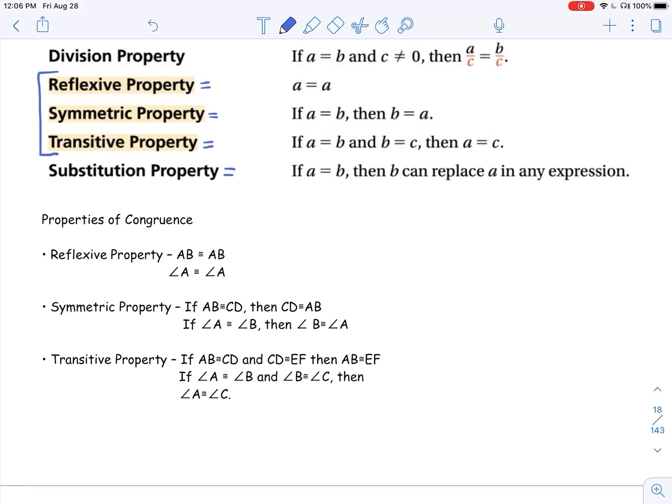Okay. Another thing that you will see is that substitution looks a whole lot like transitive, but substitution is only with numerical values. Remember, it's only with those equal signs. Think of substitutions in algebra. The only thing that we can substitute are things with an equal sign.